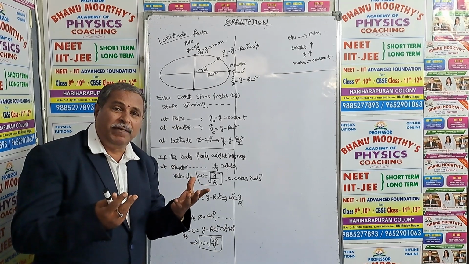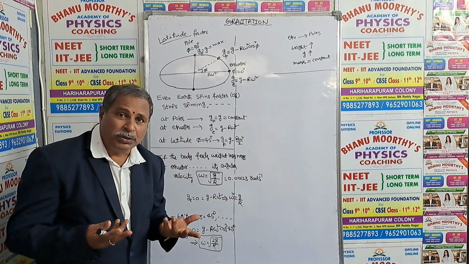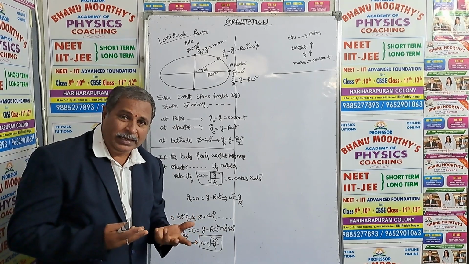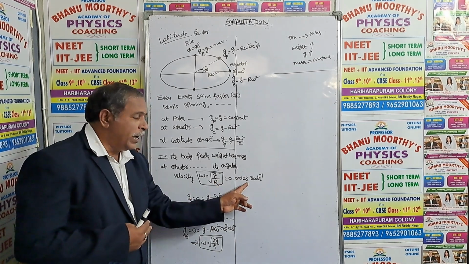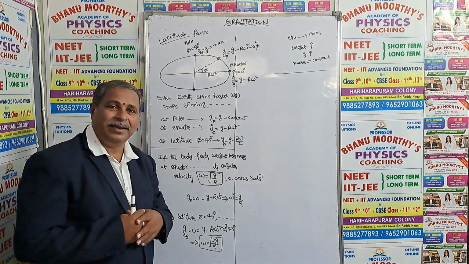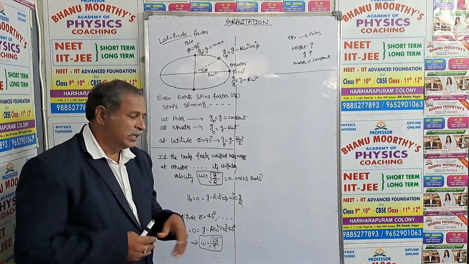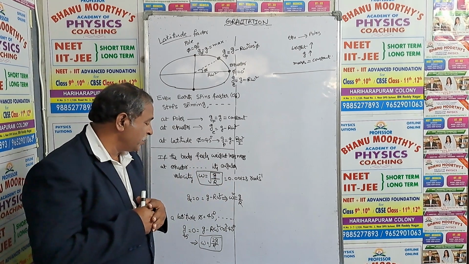If you substitute the g value 9.8 on average and the r value 6,400 kilometers, converted into meters by multiplying by 1000, you get 0.00123 radian per second. This is also a very important sentence from the NEET entrance point of view.